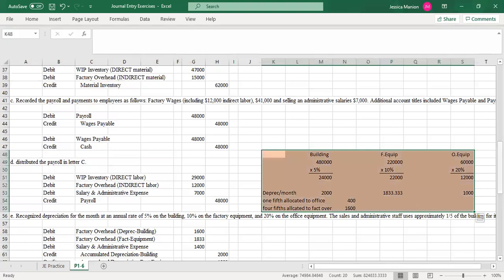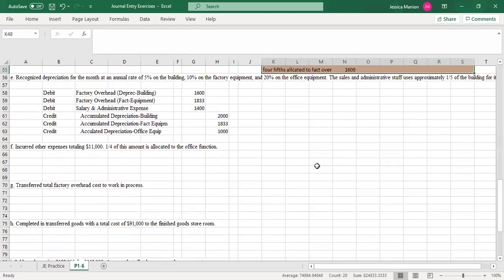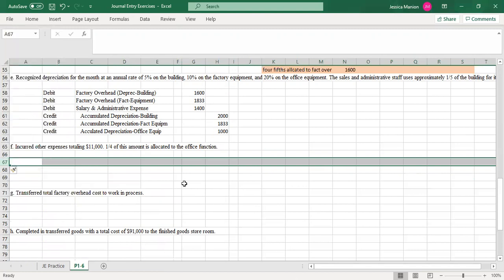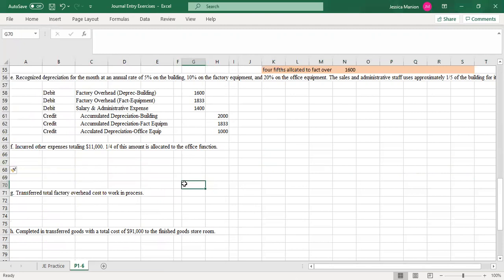All right. The next one, letter F, incurred other expenses totaling 11,000. 1/4 of this amount is allocated to the office function. So, just like we did with direct materials and indirect materials, we've got to divide up what is going to be accrued in factory overhead versus what is going to be considered the salary and administrative expenses.